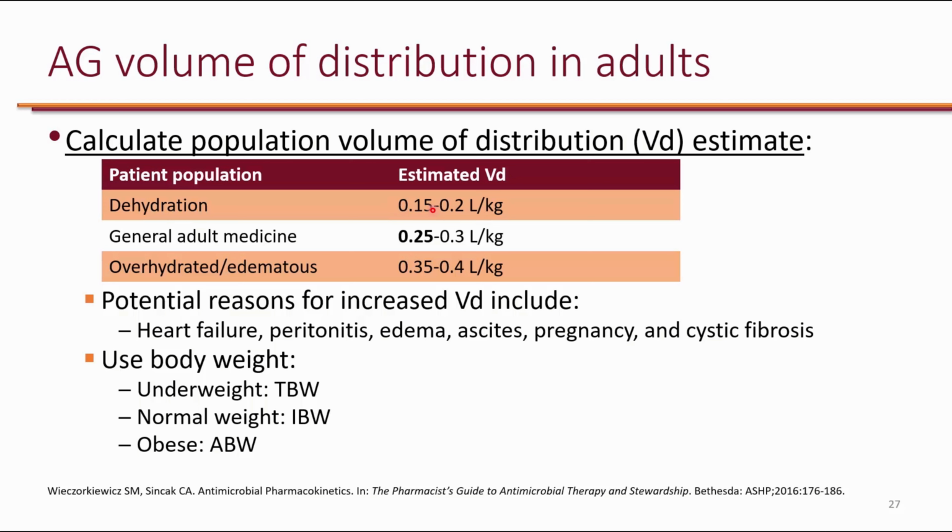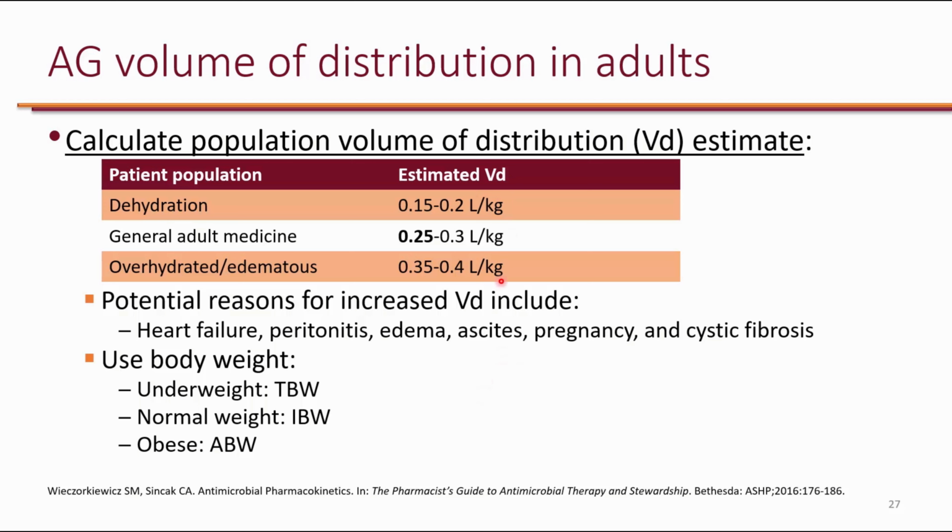On the other hand, if someone is overhydrated, the volume of distribution will be increased. So we're going to use 0.35 liters per kilogram in this class. Of course, some reasons for fluid overload are heart failure, peritonitis, edema, ascites in patients with cirrhosis, pregnancy, and cystic fibrosis. You will learn about cirrhosis and ascites in your GI course.